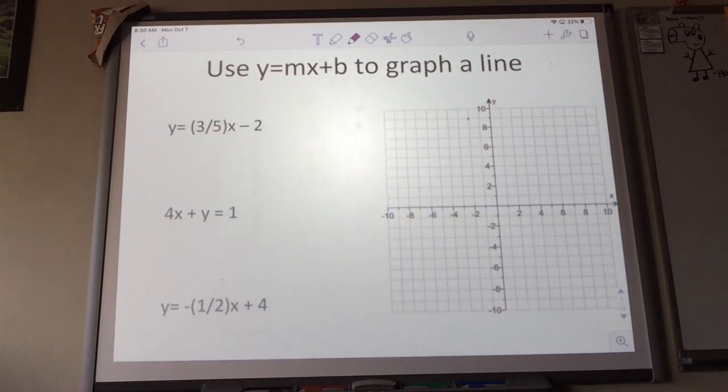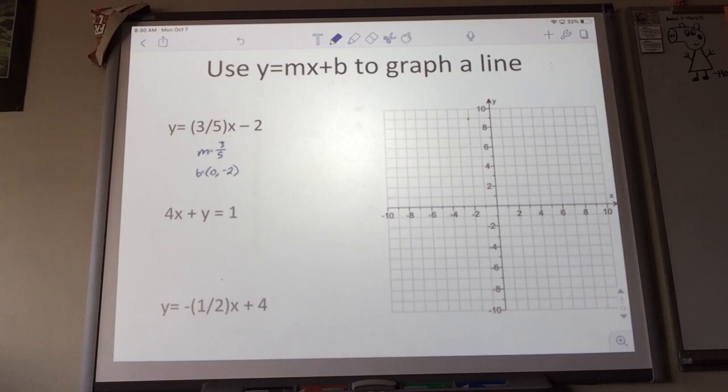Okay, now we're going to recall this. This is what you did a couple times ago before we did intercepts. So to graph a line using y equals mx plus b, m is your 3/5 and b is your 0, -2.